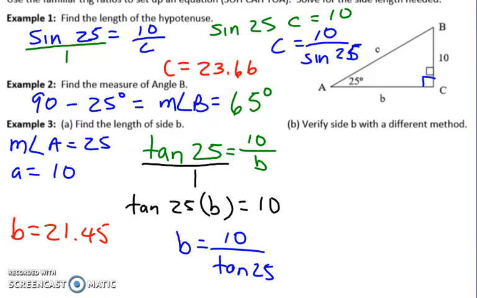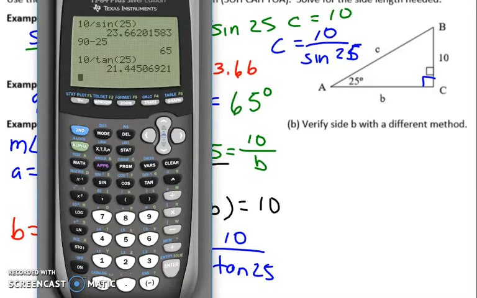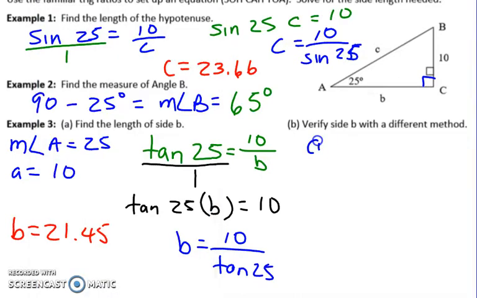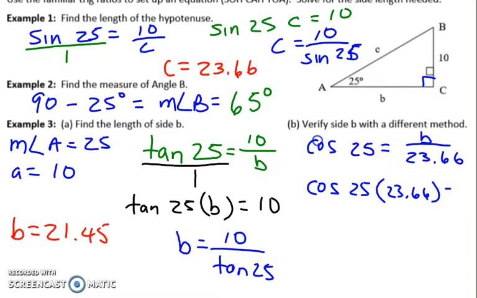So we can verify that side b is indeed 21.45 using a different method. So knowing that our hypotenuse is 23.66, if we did the cosine of 25, that would be equal to the adjacent b, our unknown, divided by 23.66, our hypotenuse. Now we can solve for b just by multiplying cosine of 25 times 23.66.